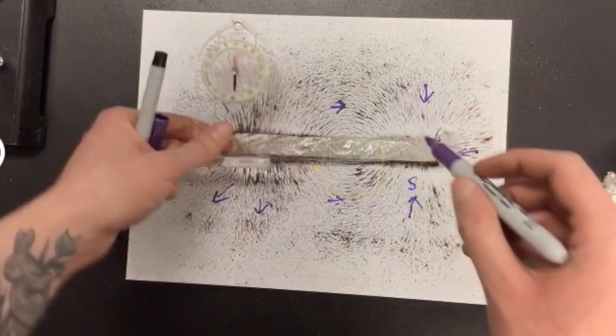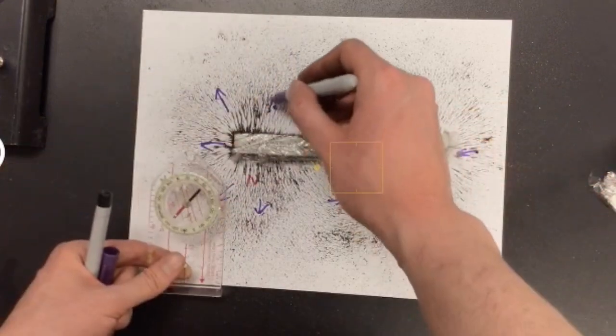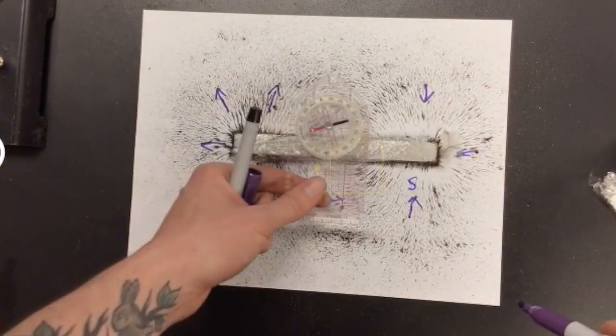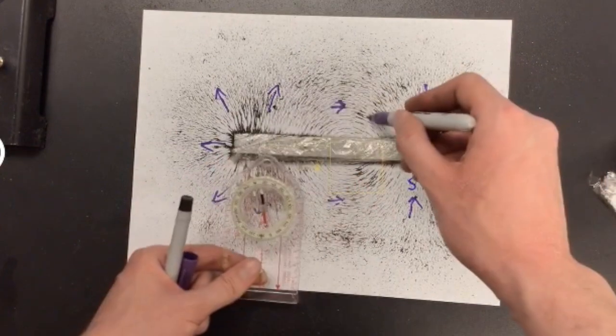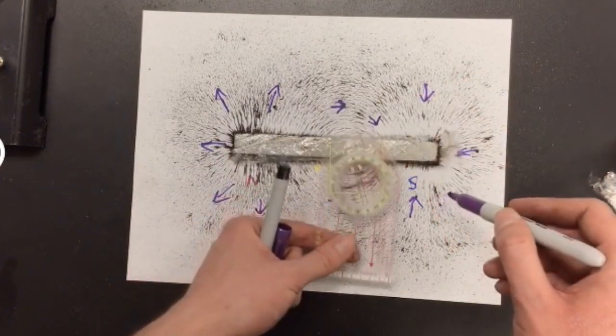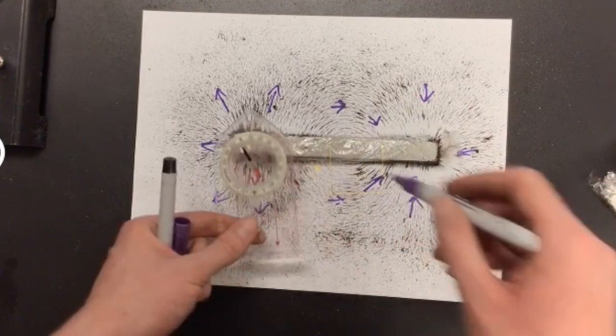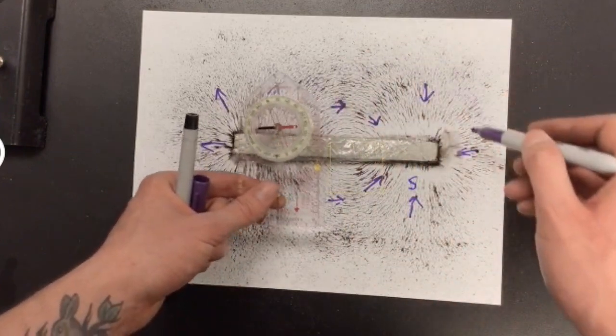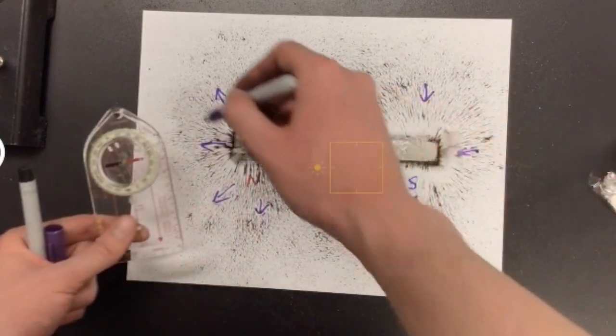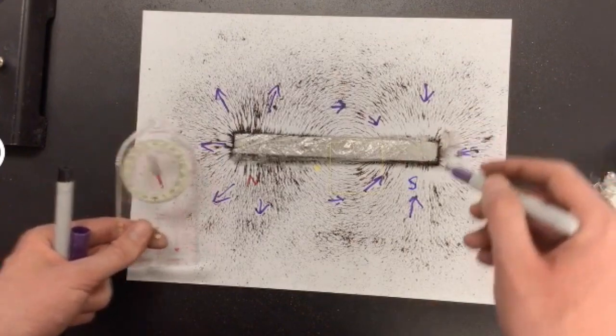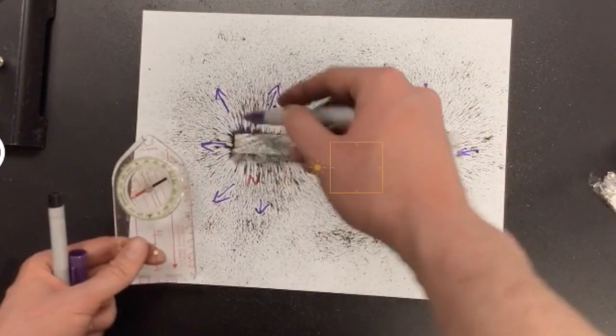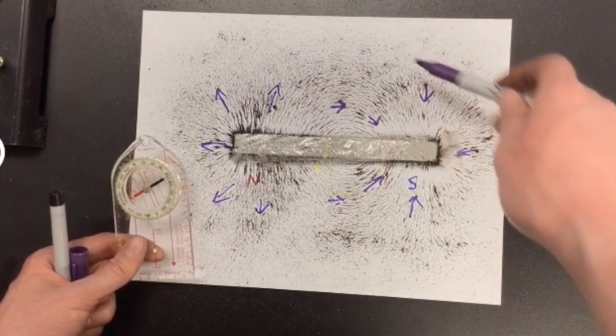Okay, you can kind of start to get the idea. Notice that, right? It's always sort of coming out of north and then going towards south, right? It's coming out of north and then going to south. So I think of magnetic fields as leaving north, entering south.